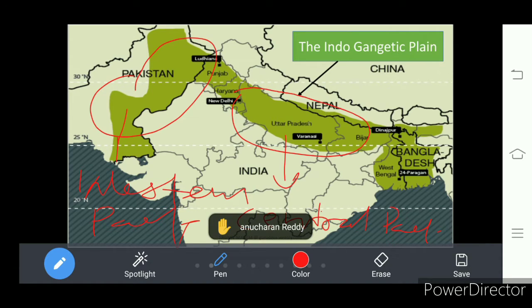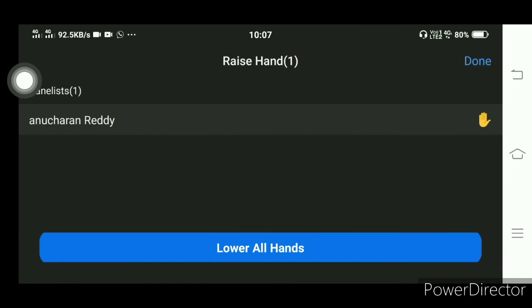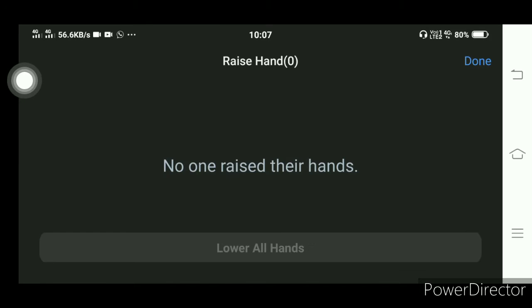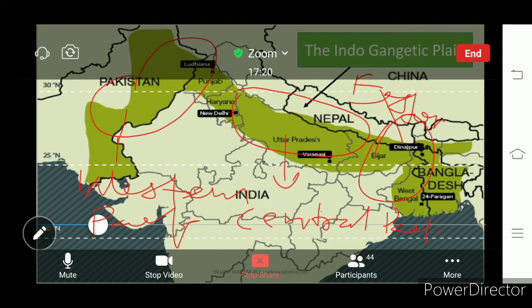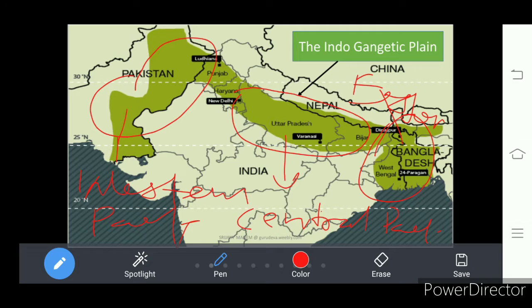And the third is called the eastern part. So how many divisions are there in the Indo-Gangetic plains? There are three divisions, right? One is the western part, second is the central part, and third is the eastern part.